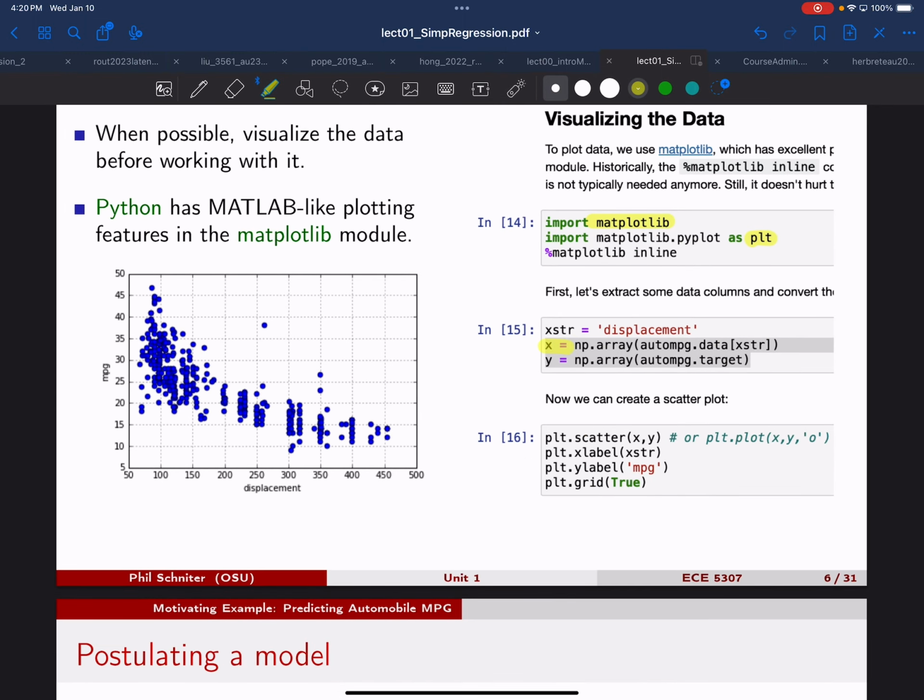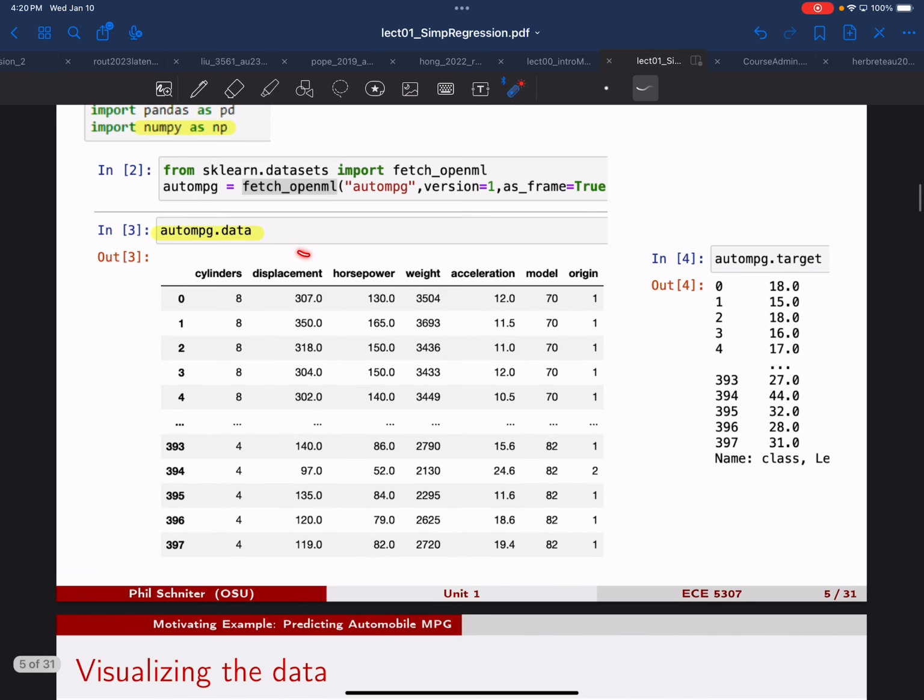So here, this is where we look at our data values and extract one of those columns, the displacement column. One of the nice things about Pandas is you're not forced to use a number for the column. You can actually use the name of the column. So here we're taking the name displacement as a string, and we're plugging that into here, and it knows to look at the column named displacement.